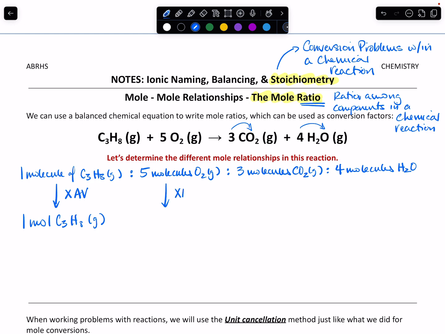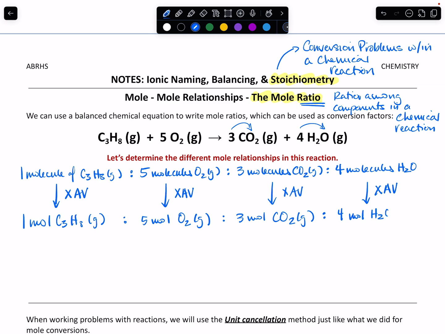I can multiply that by Avogadro's number, and I'm going to end up with 5 moles of O2 gas. Again, I can take my 3 molecules, multiply it by Avogadro's number, and then I'm going to have 3 moles worth of CO2 gas. And then I end with my 4 molecules. I'm going to multiply that by Avogadro's number, and I have 4 moles of H2O.